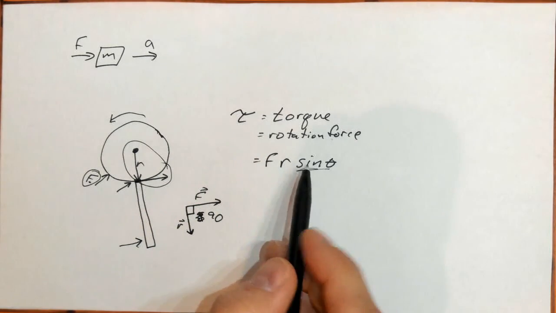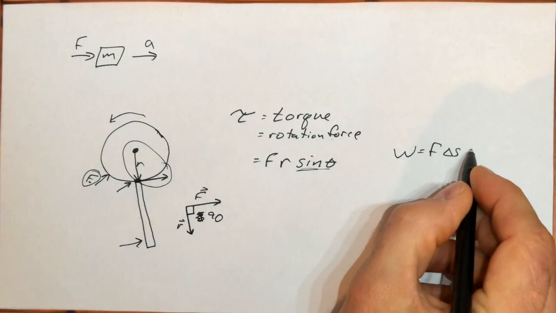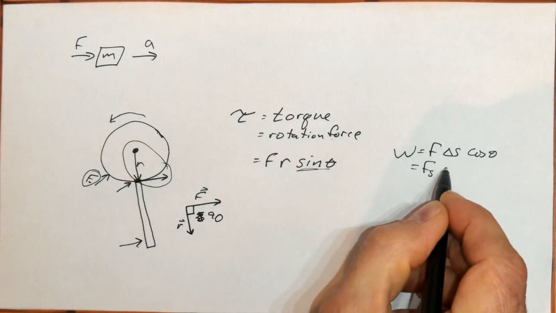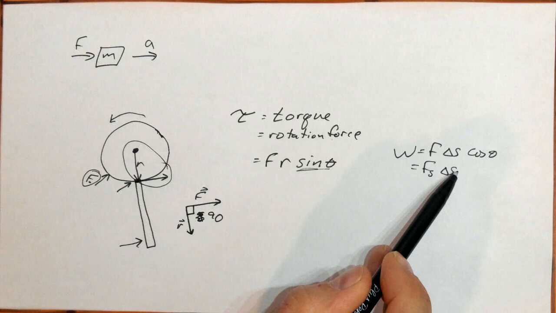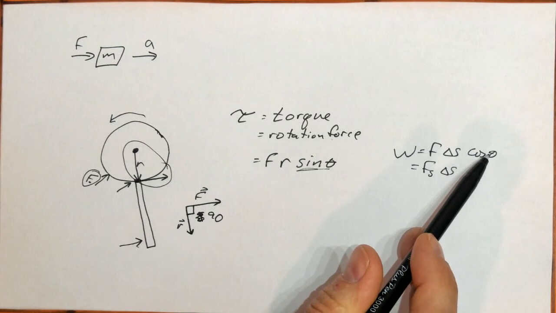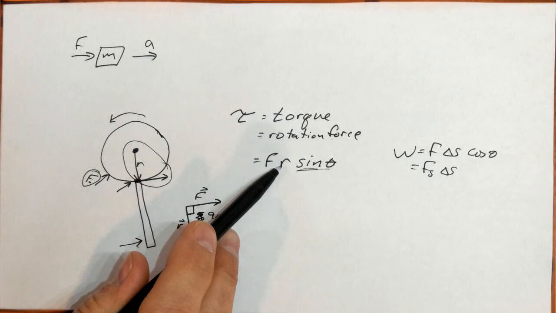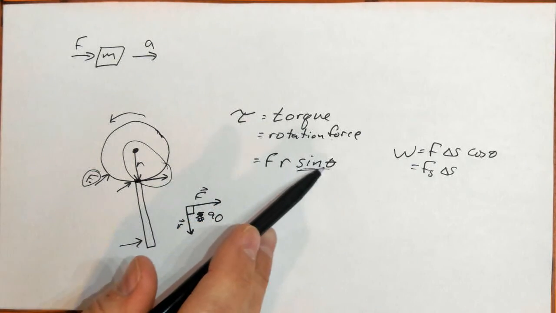Now, just like work, if you remember, work was equal to force times some displacement, and we had a cosine of theta, which really meant we just want F parallel times d. We wanted the amount of the force in the direction of the displacement, and so we used a cosine of theta being the angle between these two. Here we don't want a force to be in the direction of the radius. We want a force to be perpendicular, and that's why we use the opposite.